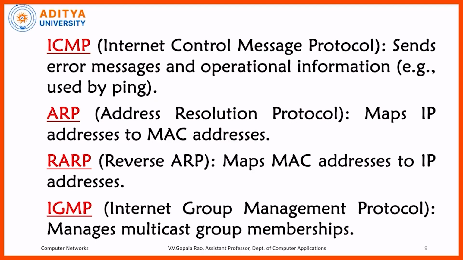Then another important protocol is called ARP, the Address Resolution Protocol. Generally, the domain name is not the address; it is an alternative method you use to identify or address a system, so that it can be properly carried to the system with its address.